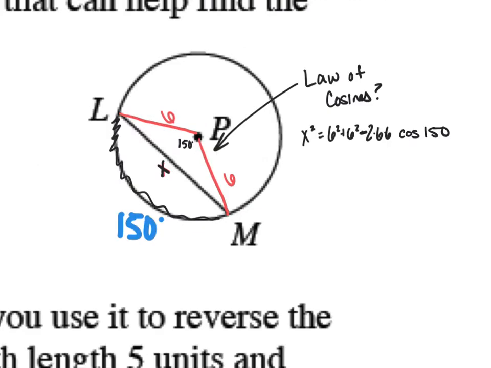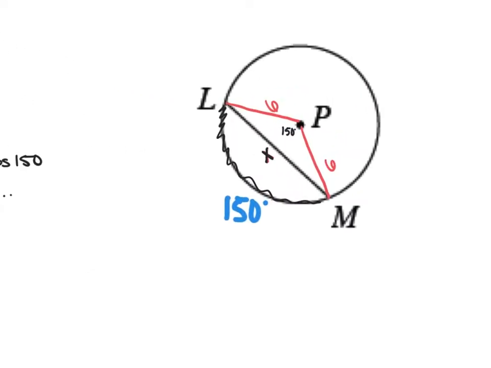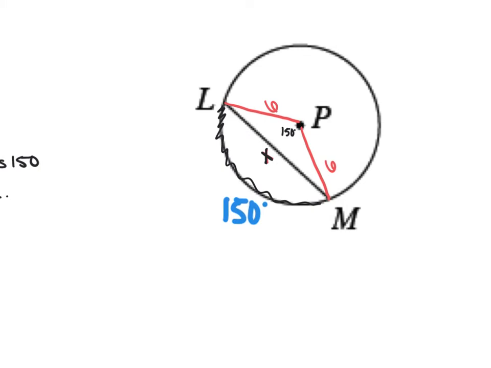I could use law of cosines, but that's a little bit more work than I want to do to solve this problem. I can also use the fact that this triangle is isosceles and the symmetry that I know isosceles triangles have to just do some right triangle trick.